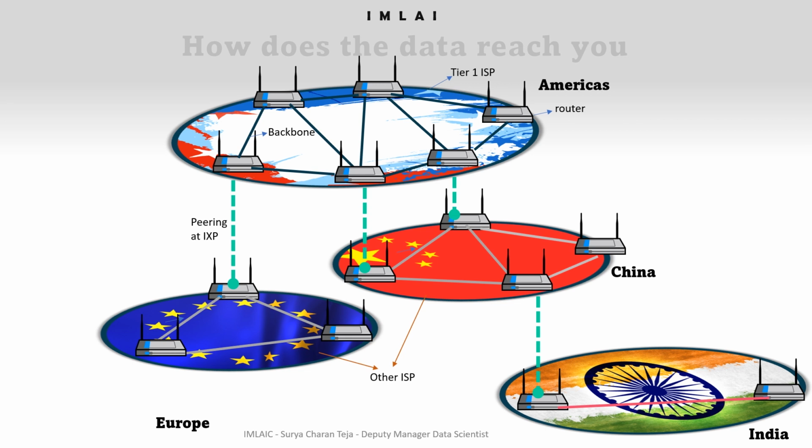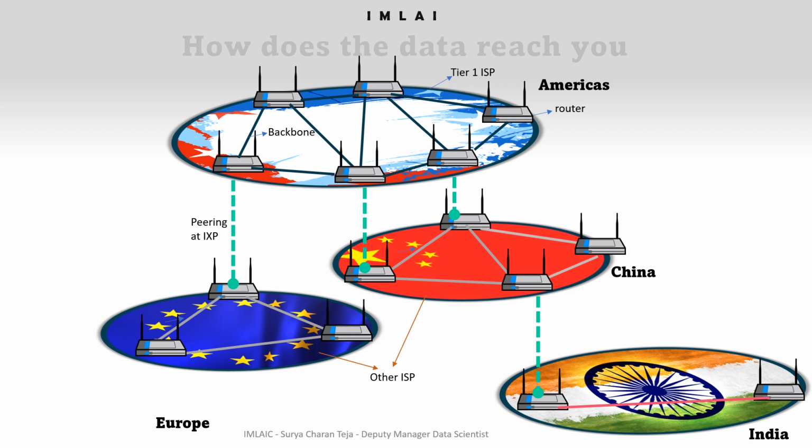Then to connect from one subnet to another, we use peering at IXP, the internet exchange point. Unless you connect one subnet with the other subnet, or one network with the other network, it is impossible to transfer or transmit data from one network to another.